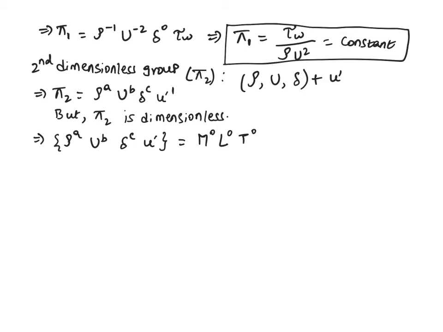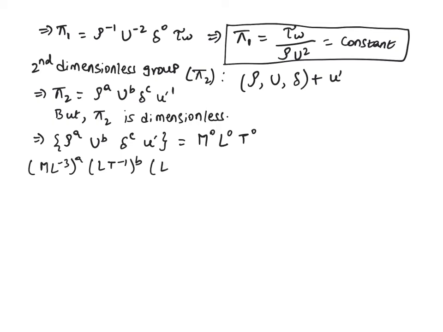As we have done in the first dimensionless group, we do the same step. We bring in the dimensions of individual variables rho, u, delta and u prime, and we substitute them. So rho would be (M L^-3) whole raised to the power of a. u would be (L T^-1) whole raised to the power of b.